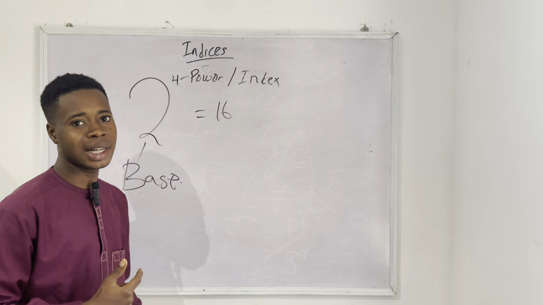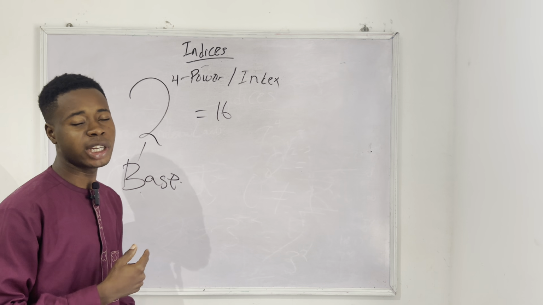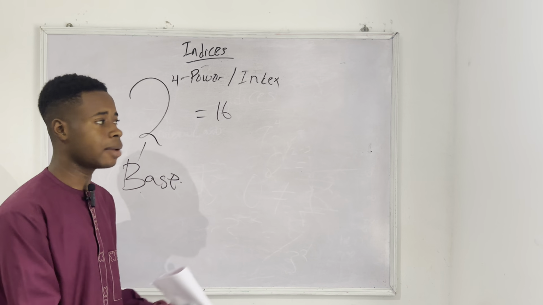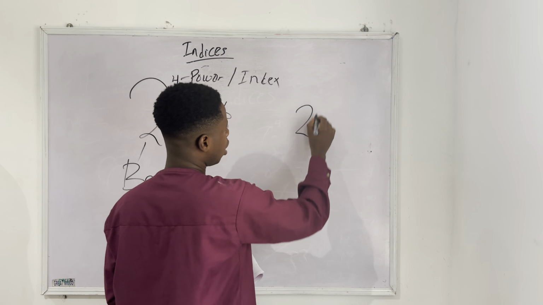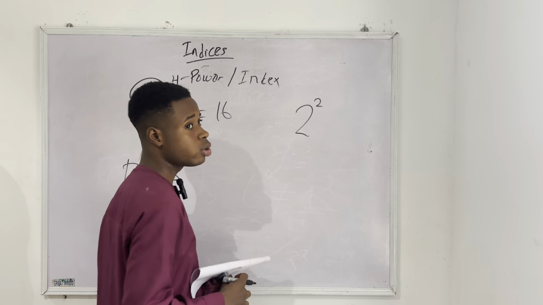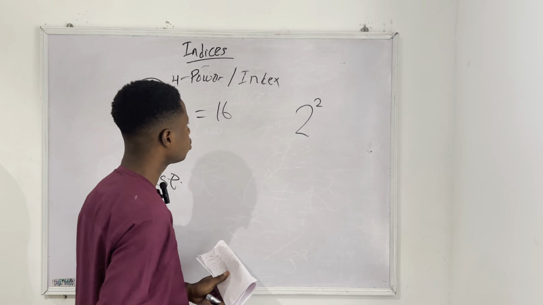What this is telling us is that 2 is being used to multiply itself 4 times. If I have 2 raised to the power of 2, what it means is that 2 is being used to multiply itself 2 times.